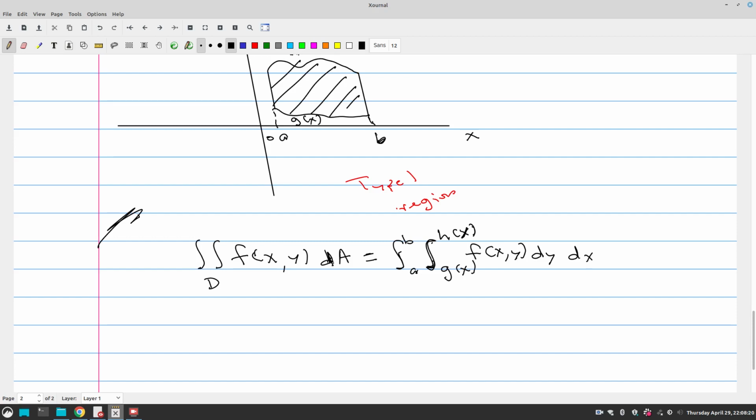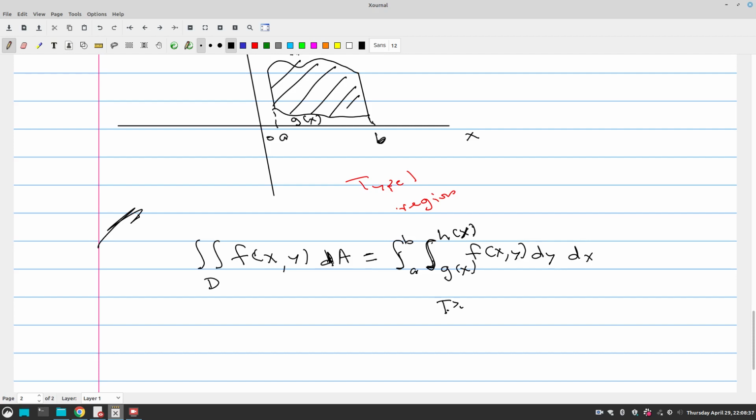So this says basically that you do the y integration first, and then you do the x integration.